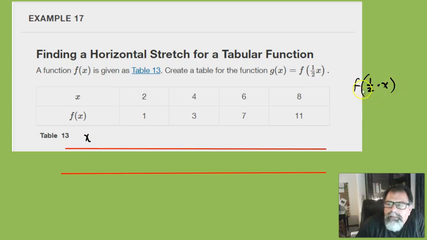It's inside the function, and it does the opposite operation. So if it's multiplied by 1/2, you're going to divide by 1/2. Dividing by 1/2 is the same thing as multiplying by 2. Okay, so we're going to multiply the x coordinates by 2, and we're going to leave the y coordinates alone.